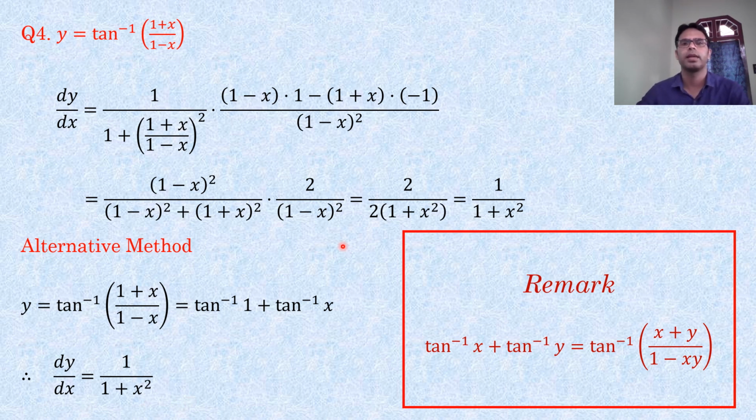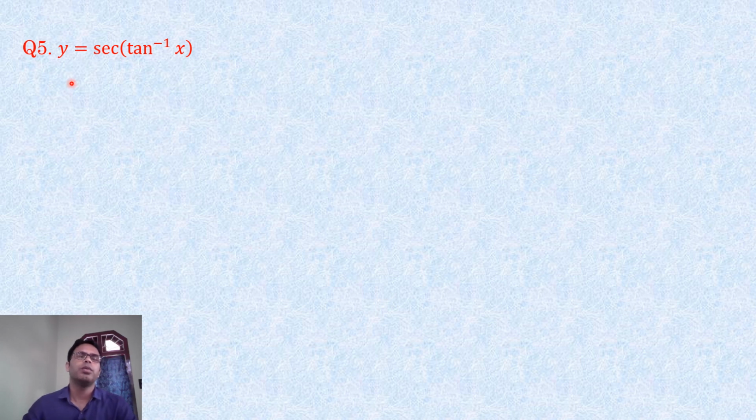Okay. Now y is equal to sec of tan inverse x. Here you do not use the direct method, you should use the substitution method, because now you should try to write this inner function tan inverse in terms of sec inverse, because in that case sec of sec inverse will remove each other, something will remain there, then find the derivative.